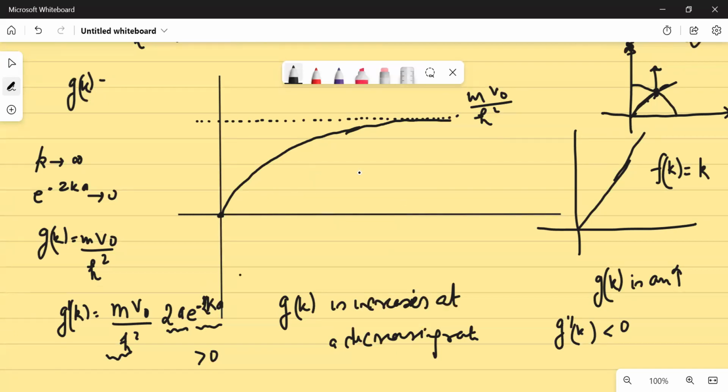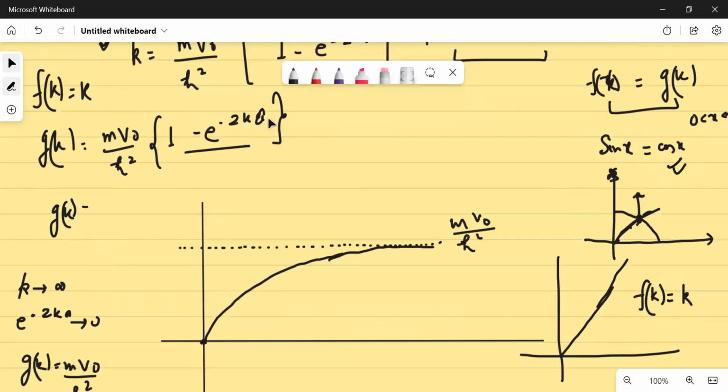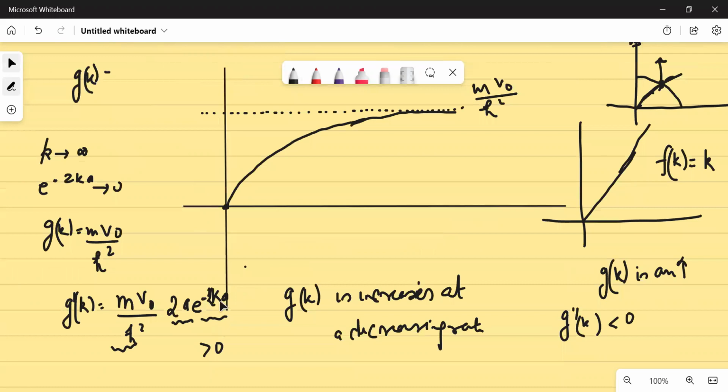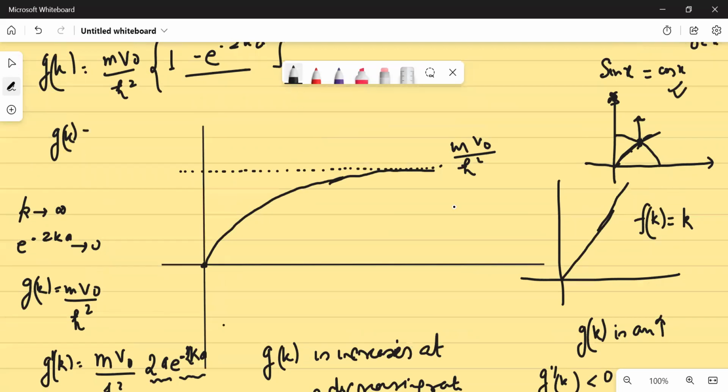Now there are two scenarios. You can see that your f(k) is equal to k. This is a graph that you already know. And g(k) is a graph which depends upon a. You can clearly see that it depends upon a, and the slope also depends upon a. Now, just understand a point.